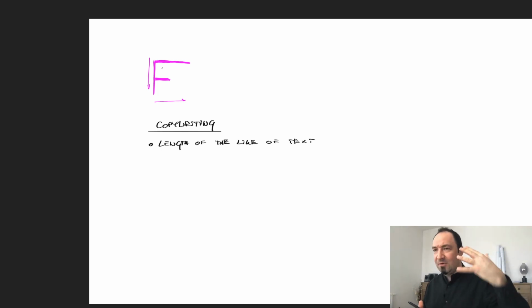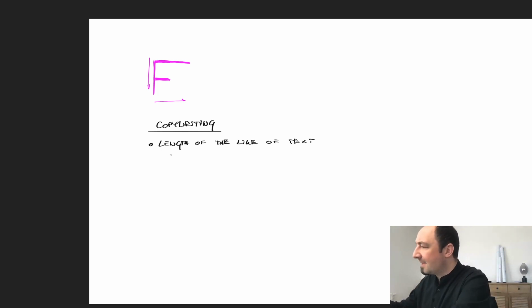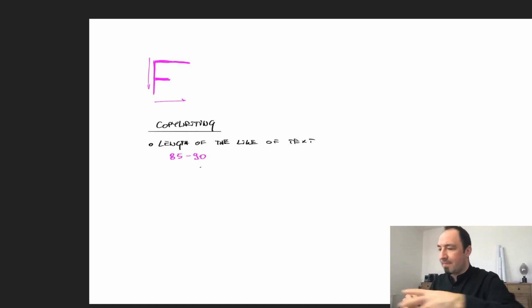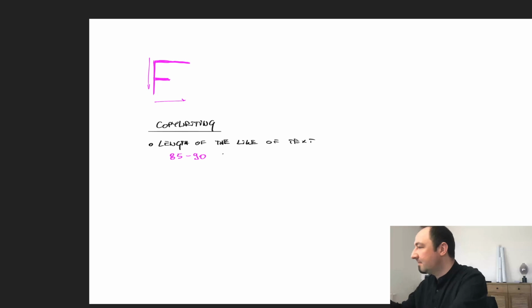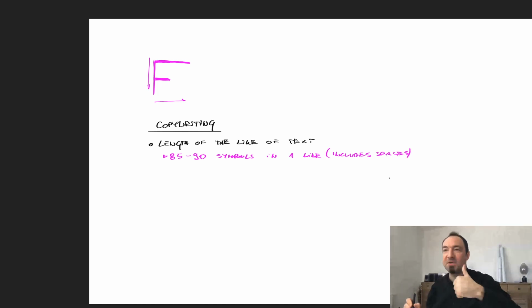But the rule that I'm trying to follow is, I would say 85 to 90 symbols in one line, and that includes spaces. So that's the first thing that I would try to follow.